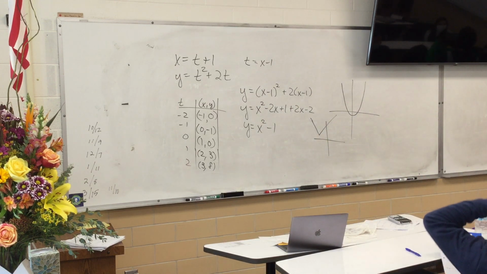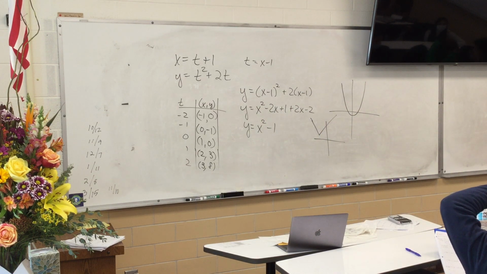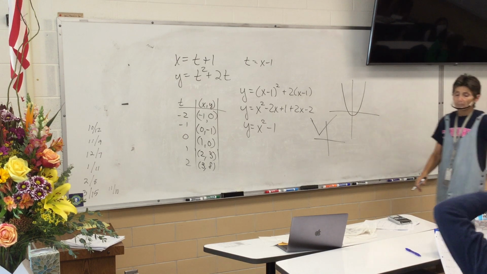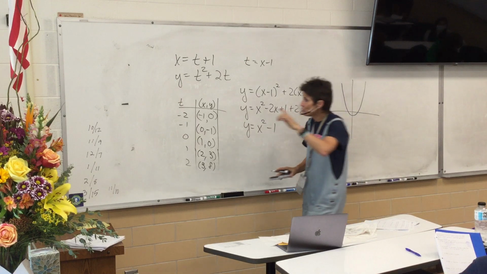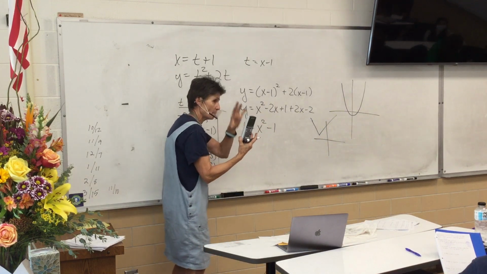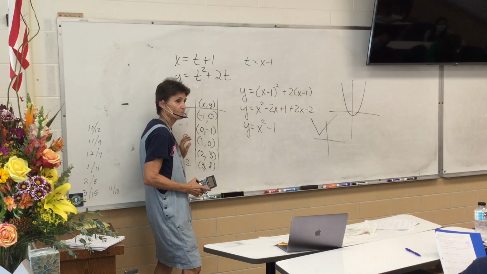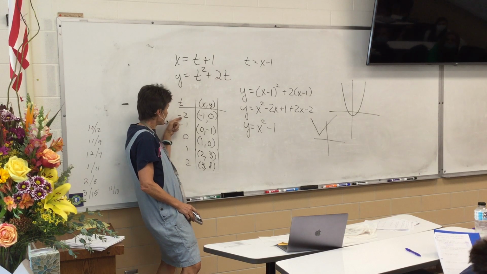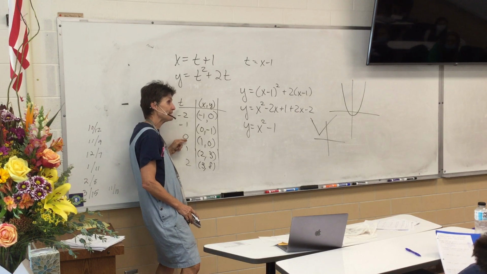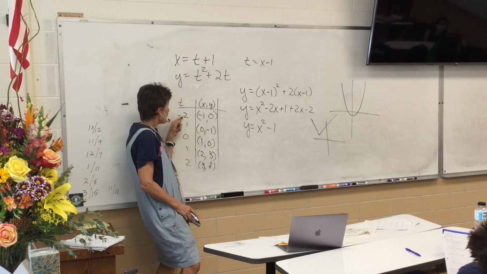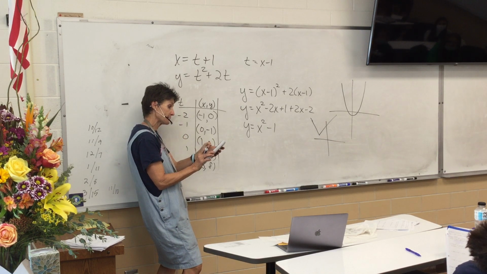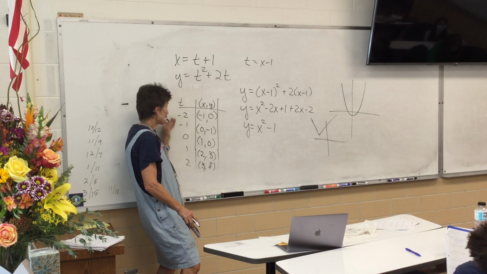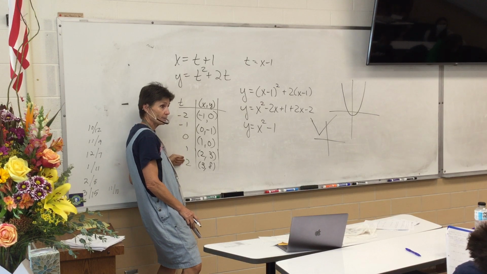Because her step, where it says T step, was set inappropriately. Now listen to me. When your calculator is building a table of values, the step is how far apart your T's are. My step in my calculator was set at 1, so it's just like this chart right here.